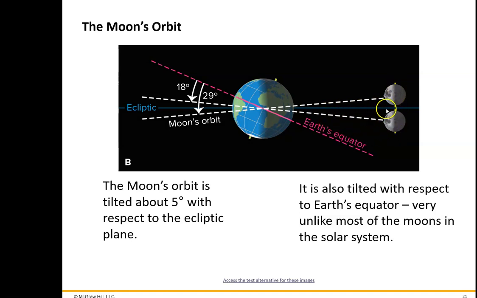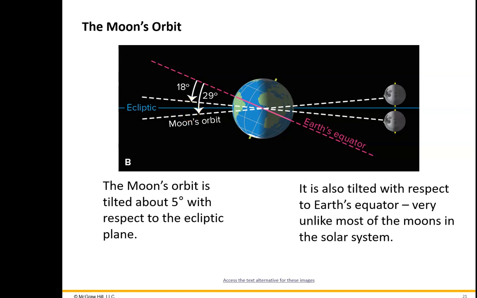But that's only when the moon crosses the ecliptic, right? And it doesn't do that very often. Now, the moon is tilted 5 degrees with respect to the ecliptic. Okay, so there's the 5 degrees right here.